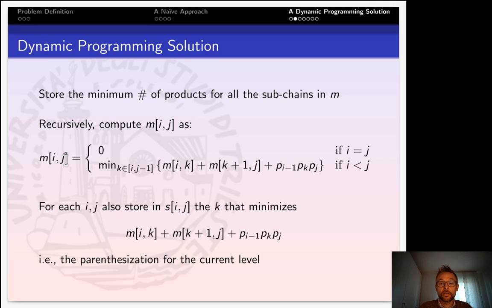So M stores the minimum number of products for all the subchains, and we can compute it recursively in this way. And we need for sure another matrix called S that basically stores these values.